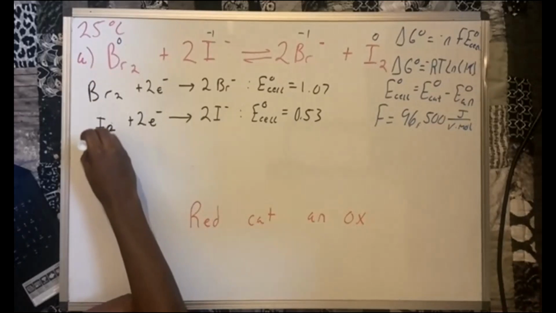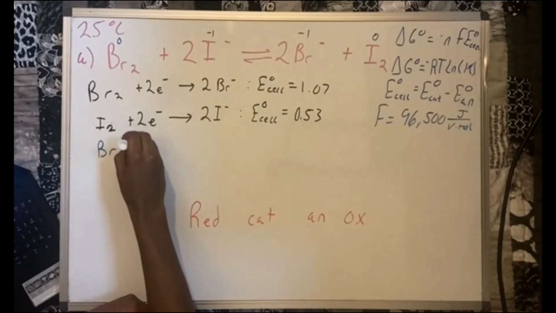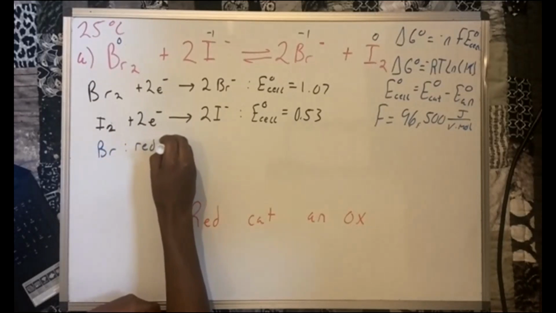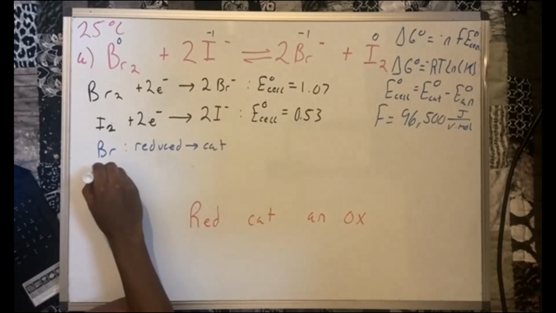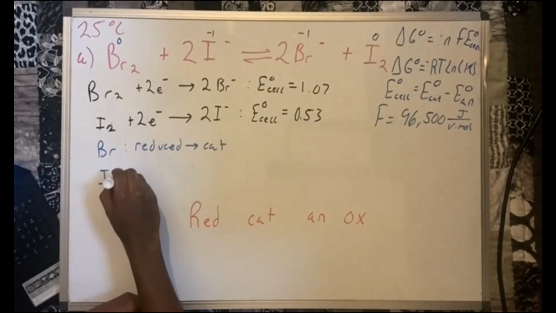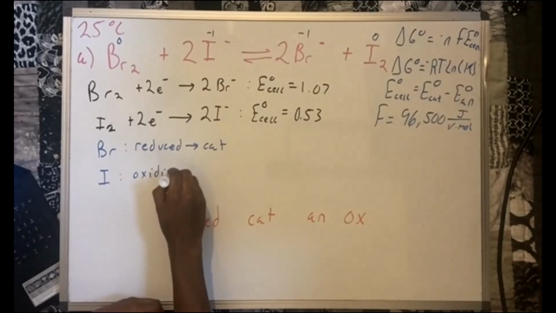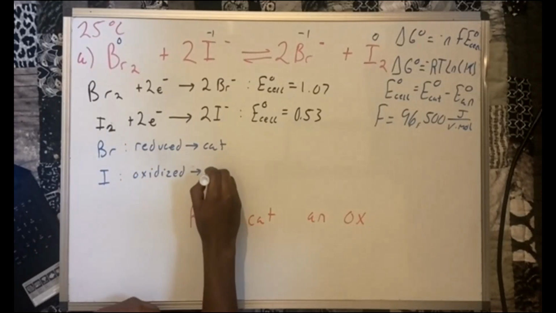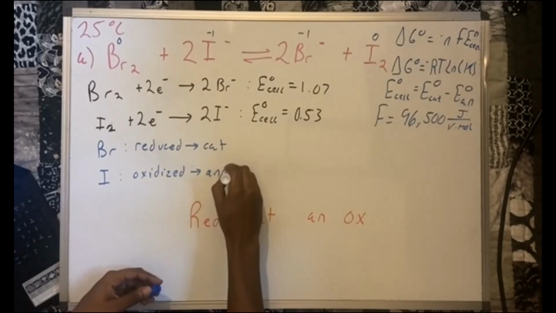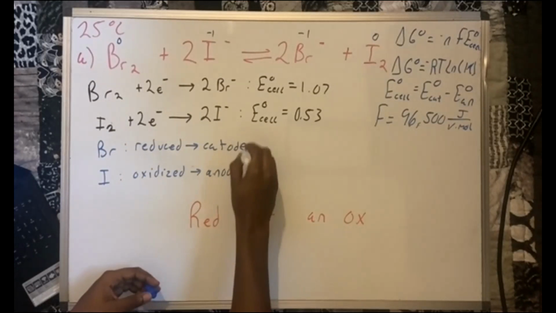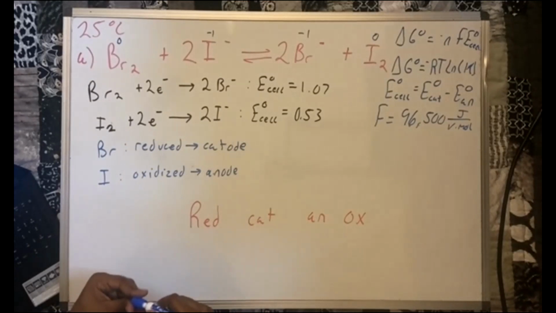I'm gonna write it here. Br is reduced, so it's the cathode. I is oxidized, so it's the anode. All right. Everyone good there? Yes. Awesome.